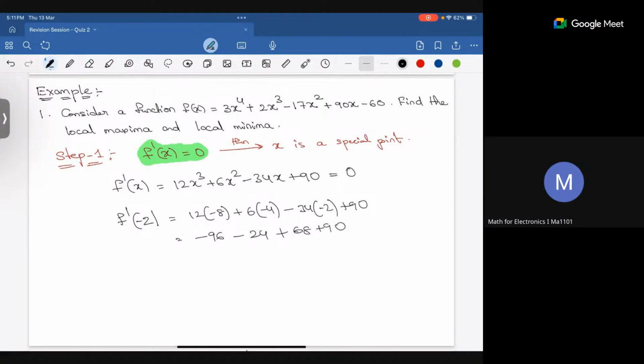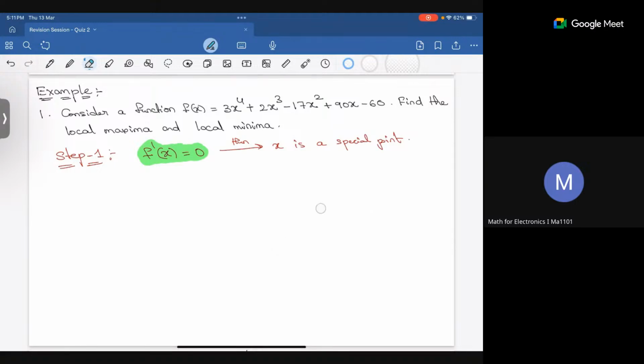Sorry, 6 into 4 is x square, that is plus 24. It is not giving us 0, right? Okay, I messed it up. I think my calculations are wrong.